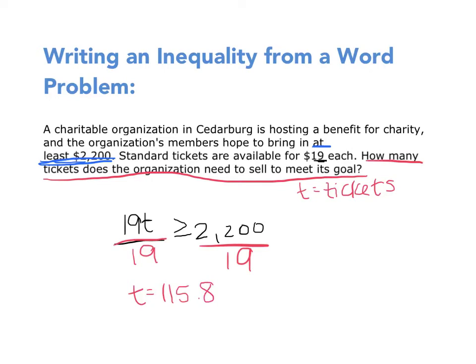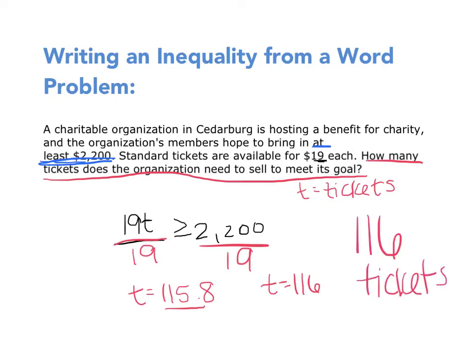Now I can't sell 8/10 of a ticket, and if I want to be greater than 2,200, I'm going to round this number up to 116. So the organization needs to sell 116 tickets in order to meet its goal.